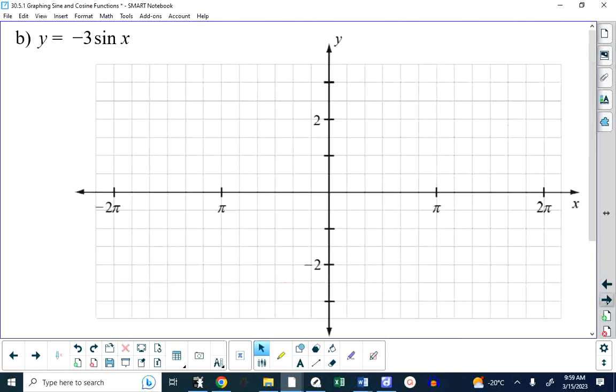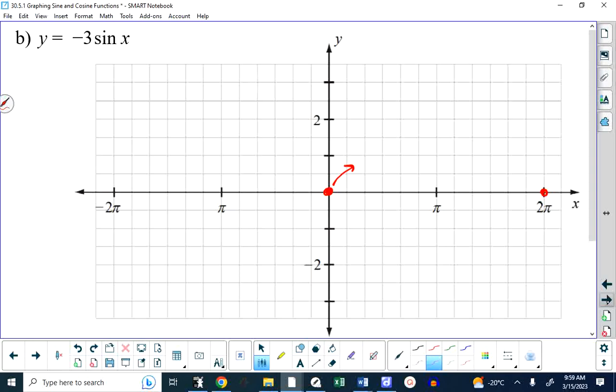Let's try another one. What about negative 3 sine x? So we start off with the notion, everybody, that sine x would start here, and it would end here, and it would be going up from the start point. This we need to know. We need to know sine starts in the middle and goes up.